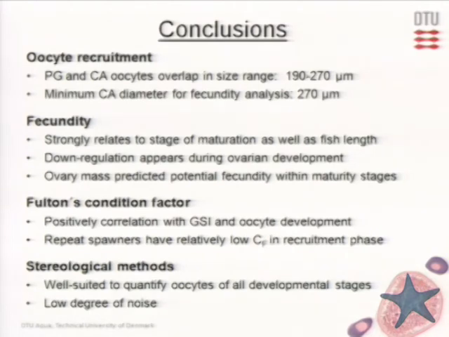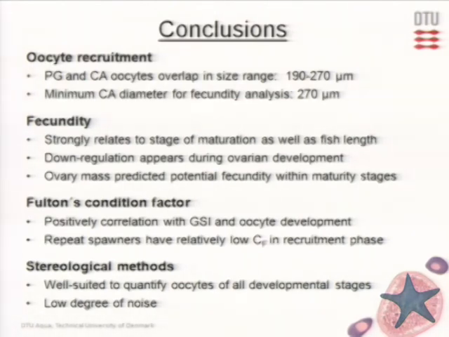To conclude from the study, regarding oocyte recruitment, we were able to distinguish between the primary growth and the cortical alveoli oocytes, which overlap in the size range 190 to 270.